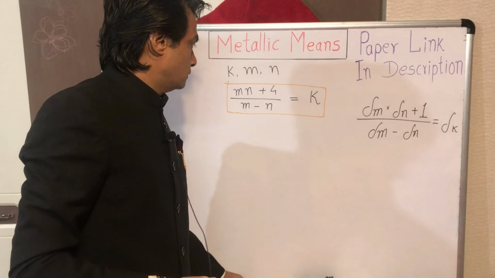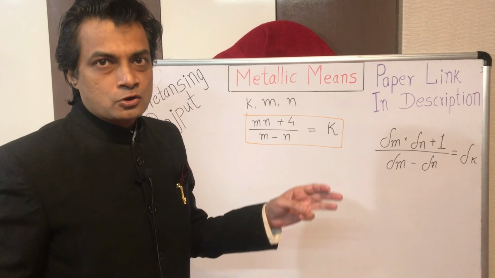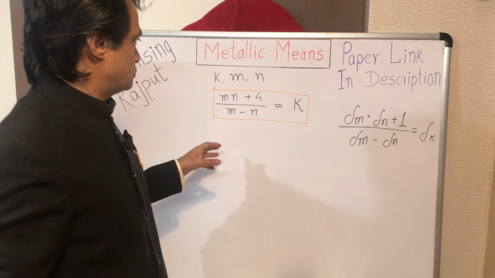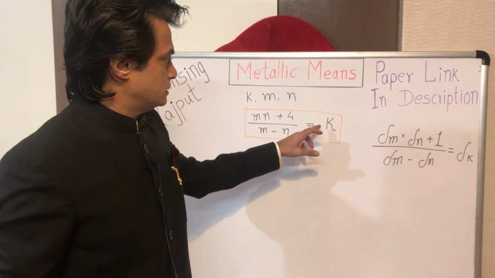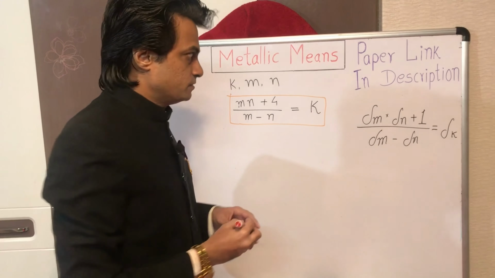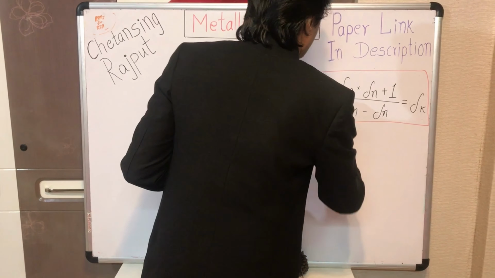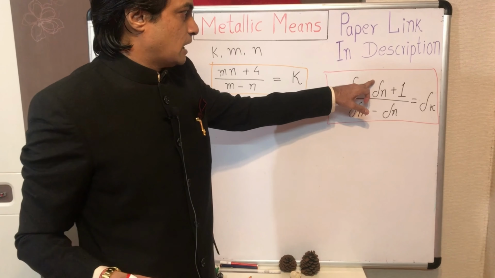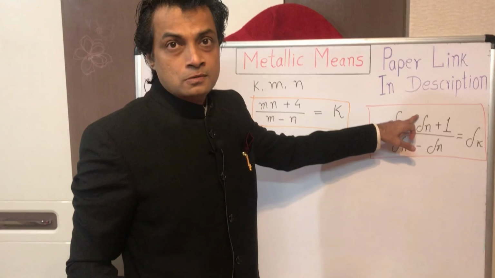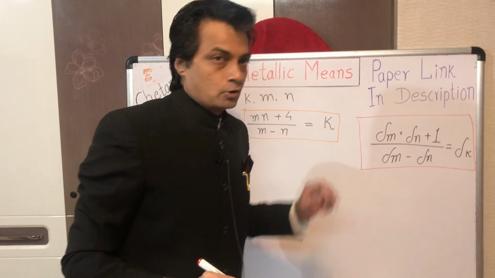Let me repeat. k, m and n are any three positive integers such that (mn + 4)/(m - n) equals k. In that case, we get this formula. The mth and nth metallic means can give the precise value of the kth metallic ratio by this formula.